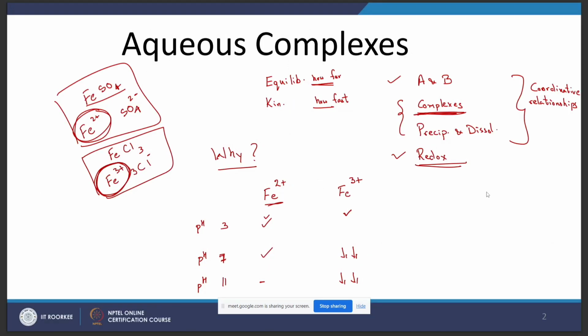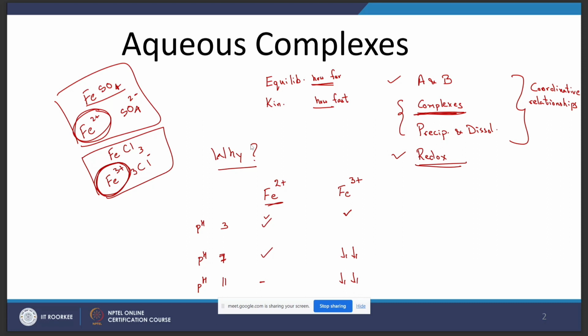If there is any system, and suppose we have some heavy metals and we want to reduce its toxicity, and if the heavy metal is more toxic in its cationic form or in its free metal form, then we can add some ligands through which these heavy metal free cations can form complexes with the ligands, and eventually the toxicity of that heavy metal will reduce in the system. So aqueous complexes are important for this. There are also other applications of aqueous complexes we will see in the subsequent lectures.